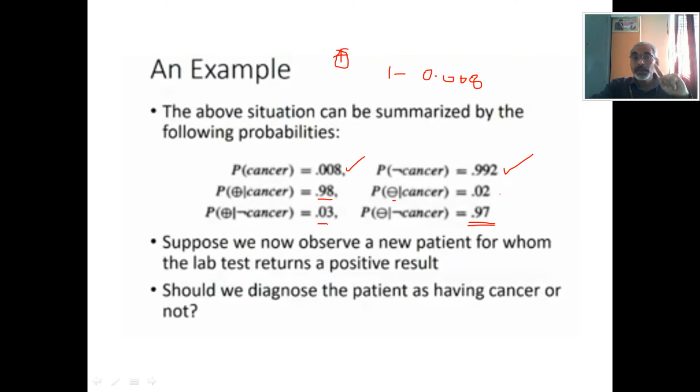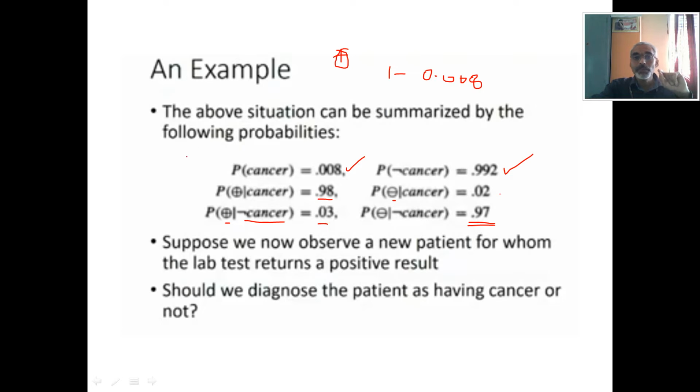But there is a 3% chance that he is not having cancer, but the lab is telling positive. So the lab is going to indicate that he is positive, but actually he is not having cancer. How much percentage? 0.03. Right? So this is 97%. 1 minus 0.97, you get 0.03.